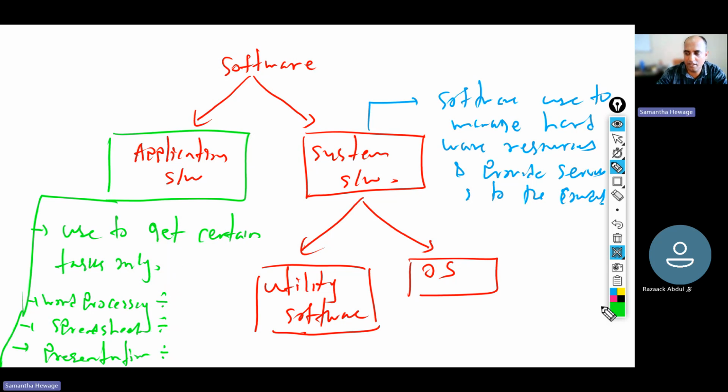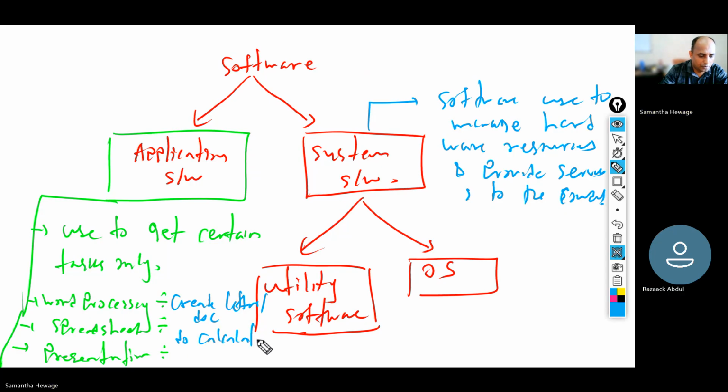Okay, word processing. What's the meaning of word processing? We create letters, documents. Spreadsheet, do what? Calculations. Presentation, create presentations, create PPTs. Something like that. What do you mean by the operating system?